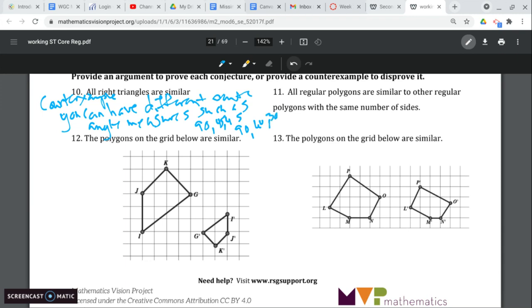Both of those would be right triangles, but they are not similar because the angle measures are different between the two.